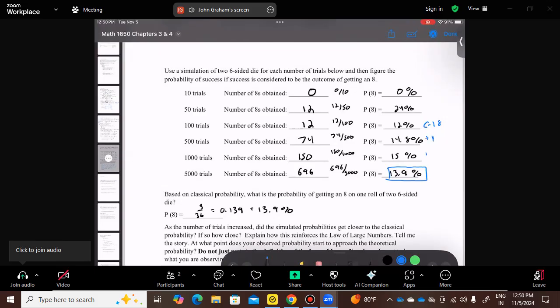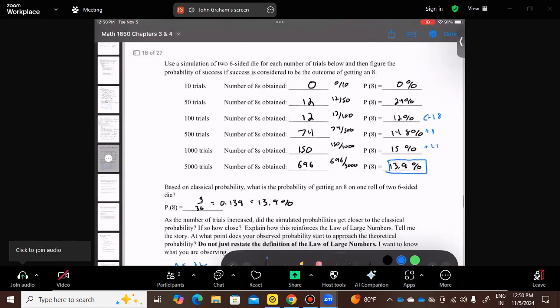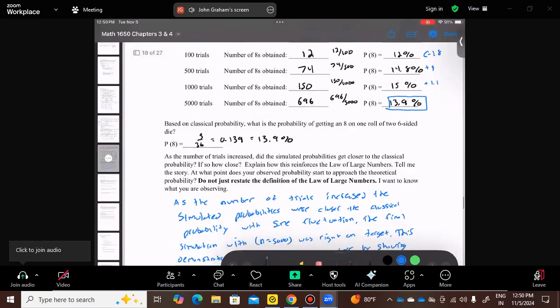This is above 1.1%. Actually, yeah, the 500 and 1,000 actually look closer, even though they look a little higher. They're definitely higher, but they look a bit farther than you would think. They're actually even closer than that 100 trial. But the biggest thing is at 500, this is 0.1 off.